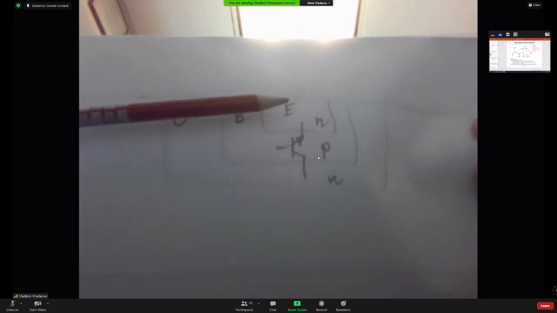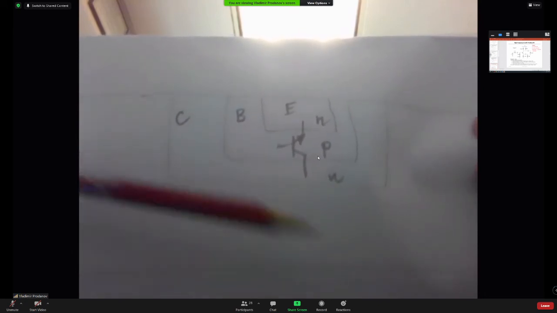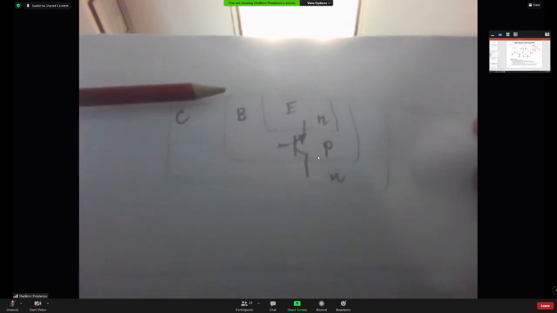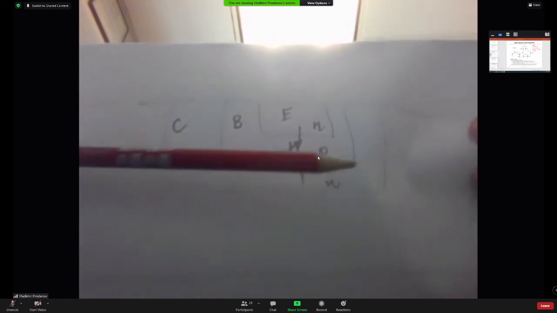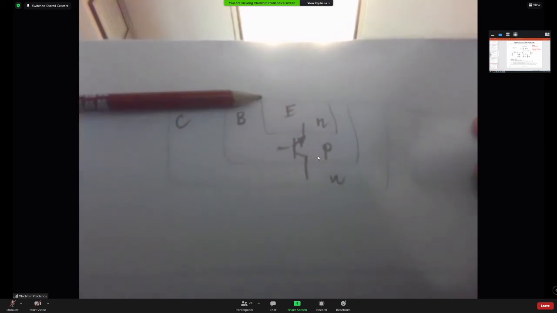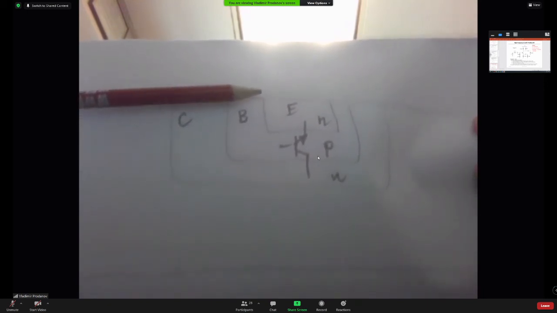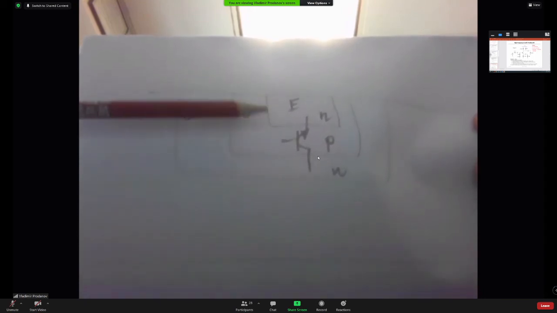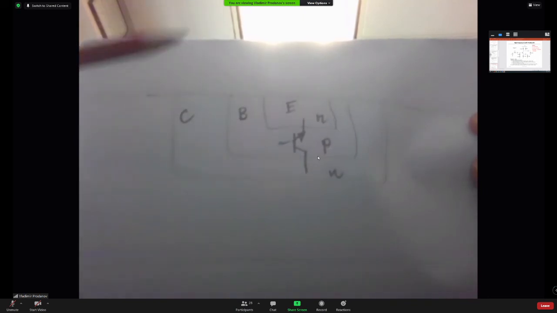So here you have an N-type well, and it forms the collector. Counter-doped is a second well that is P-type. And then inside you have an additional very heavily doped region that forms the emitter.